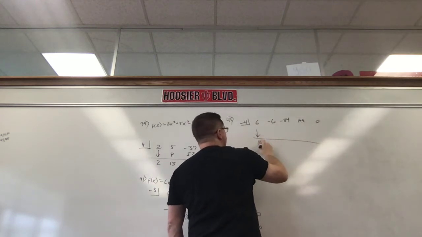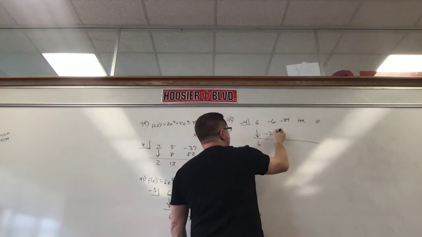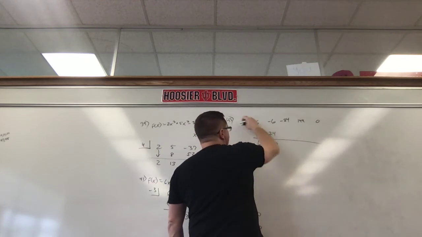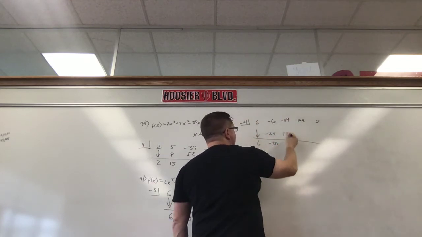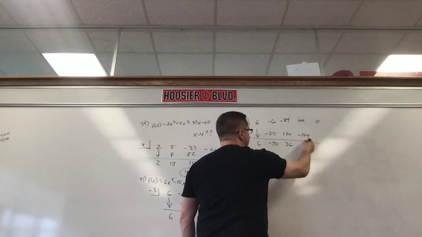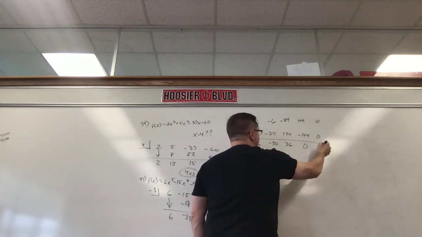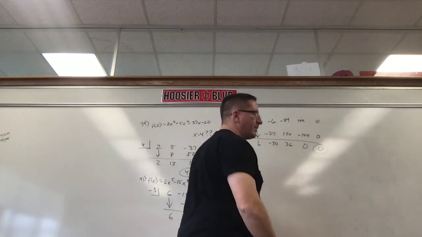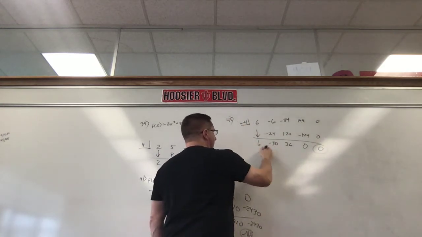Drop down the 6, drop down 6, times negative 4 is negative 24, add to negative 30. Times negative 4 is 120, add to 36. Times negative 4 is negative 144, add to 0. Times negative 4 is 0, add to 0. There is no remainder. Yes, it is a factor.